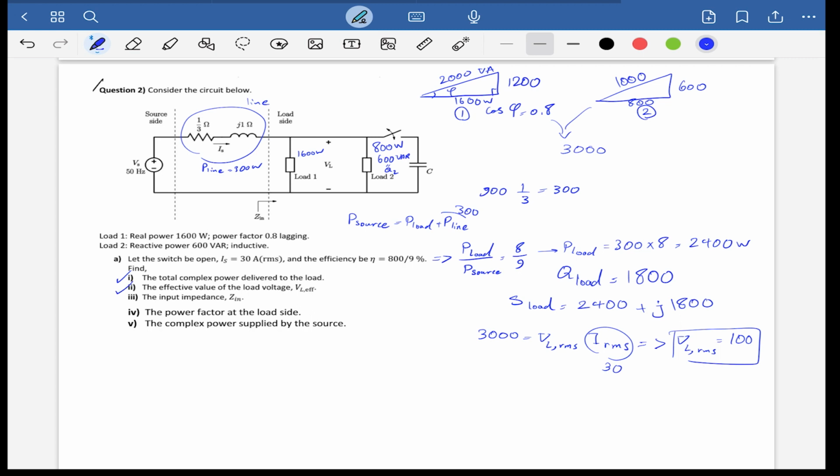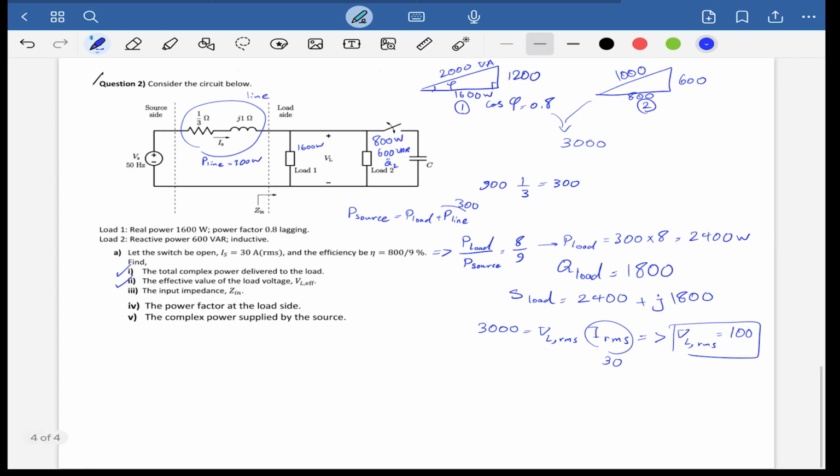Also, the question asked about the input impedance Zin. So how can we find the input impedance? Well, we know the formula. Zin times IRMS squared will be equal to this S load, right? 2400 plus J1800.